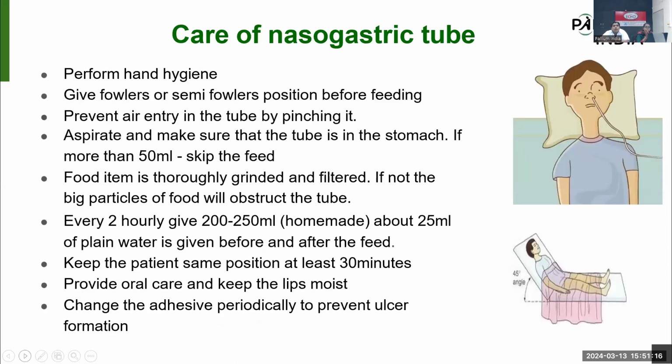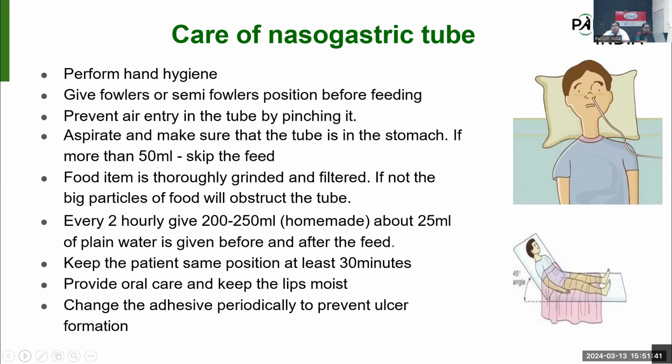To care for a nasogastric tube, perform hand hygiene before feeding the patient. Give Fowler's or semi-Fowler's position before feeding to avoid aspiration. Prevent air entry in the tube by pinching it, and aspirate to make sure that the tube is in the stomach. If more than 50 ml, skip the feed.